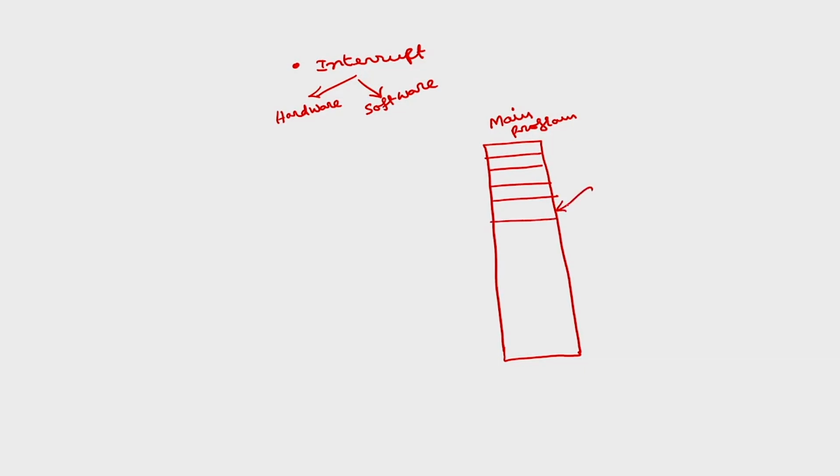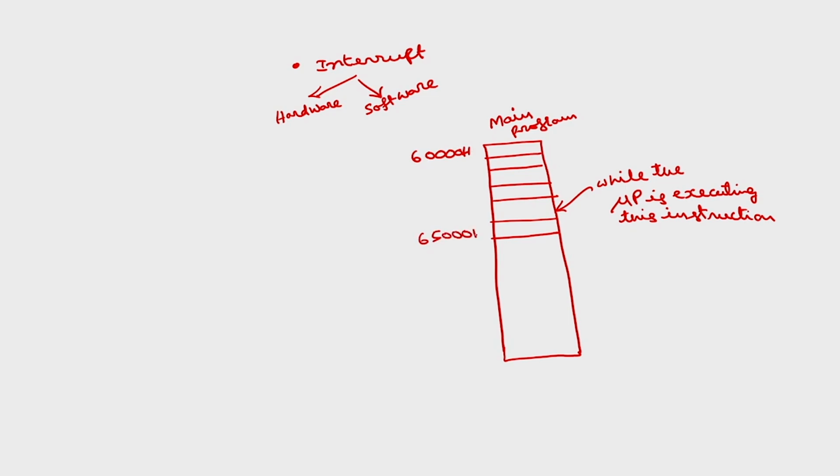While the microprocessor is executing this instruction, let us assume that the starting of this one is some 60,000 H and the address of this one is 6500 H. While the microprocessor is executing this instruction, what will be the contents of the instruction pointer?